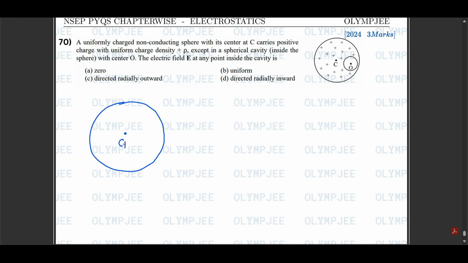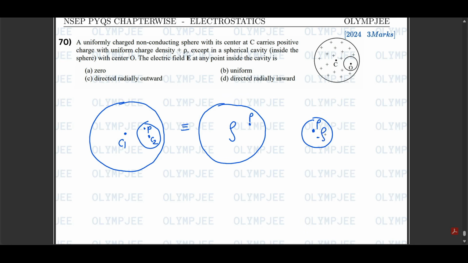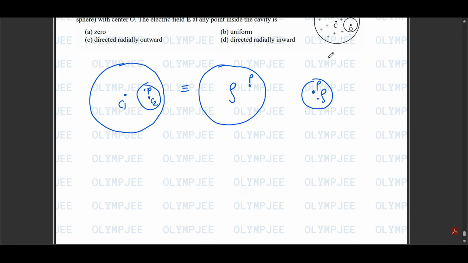So if this is C1 and the center of this is C2 and I am finding the field at any point P, this can be assumed as the electric field at P due to a larger sphere of charge density rho, and at P due to a smaller sphere of density minus rho, right? Because if we add a minus rho sphere here, it will become this cavity.